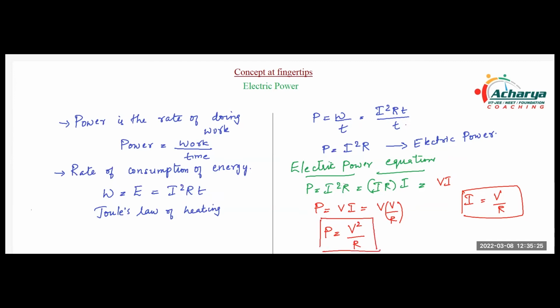So we have three formulas: P is equal to I squared R, VI, or V squared by R.